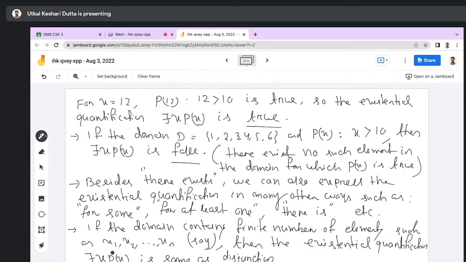So x contents are x1, x2 up to xn, that is the same as P of x1 disjunction P of x2 disjunction up to disjunction P of xn. So the existential quantification there exists x P of x is the same as P of x1 disjunction P of x2 up to P of xn if the domain contains a finite number of elements. But in case of universal quantification, that will be conjunction.